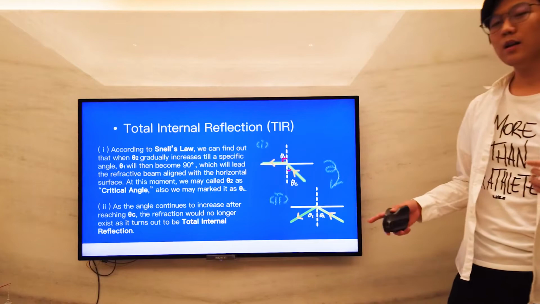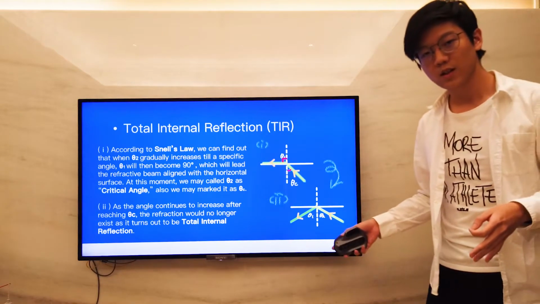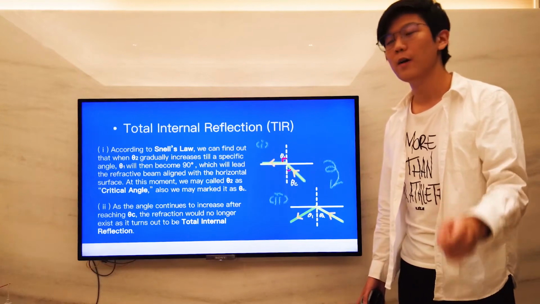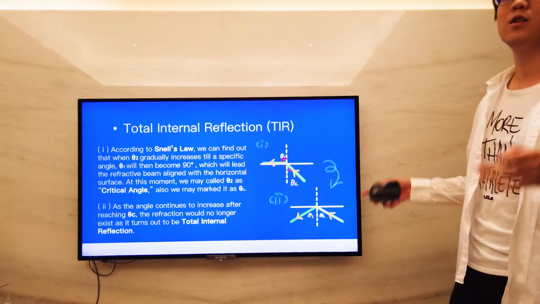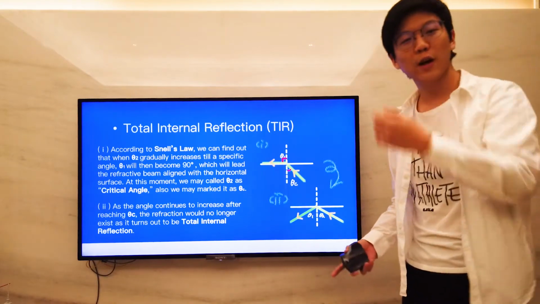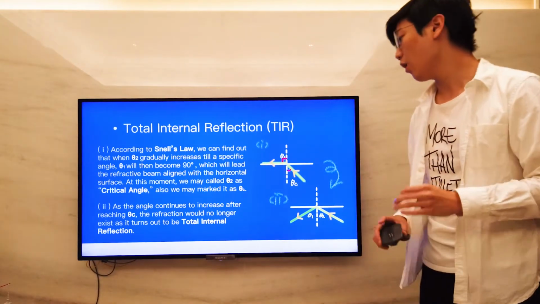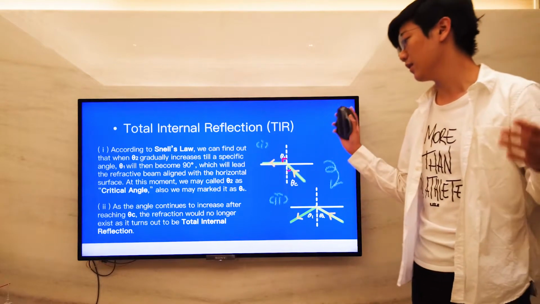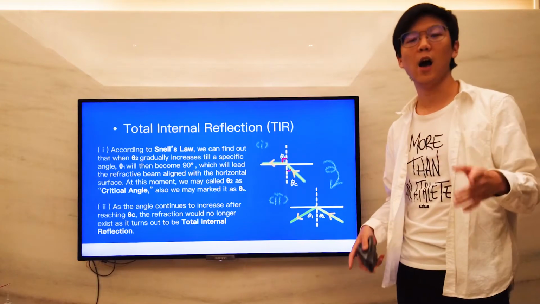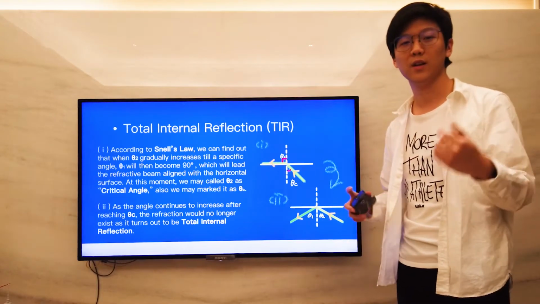At this point, we call theta 2 theta c, which is the critical angle. As theta continues to get bigger and bigger, the refraction would no longer exist. All that remains is today's key point, total internal reflection, and that's how the optical fiber works.